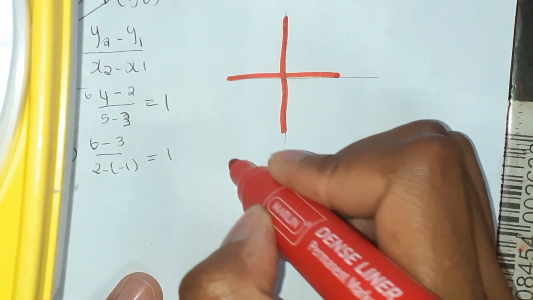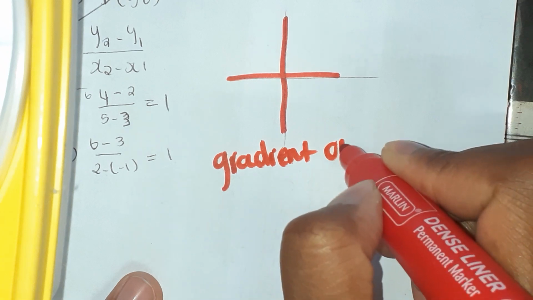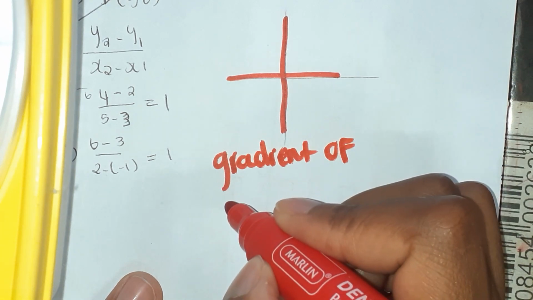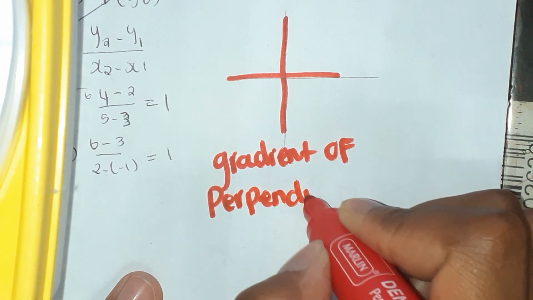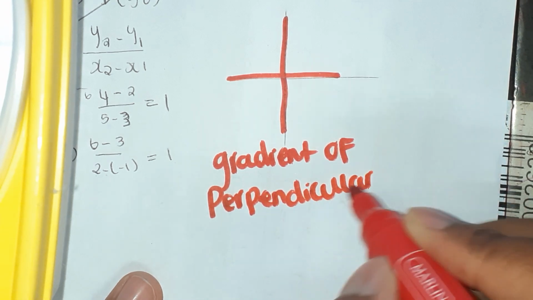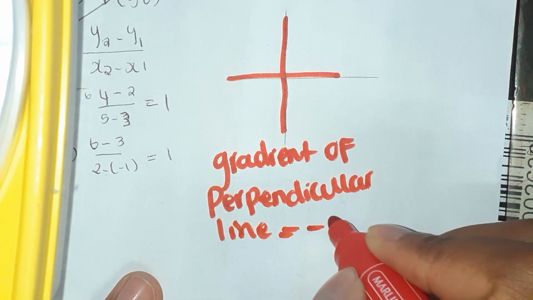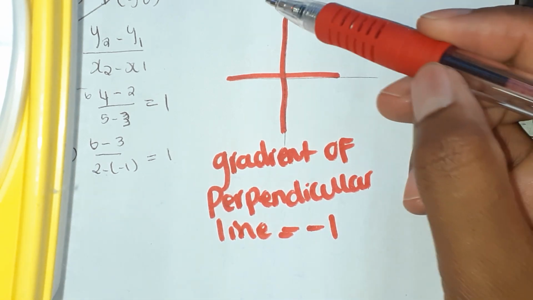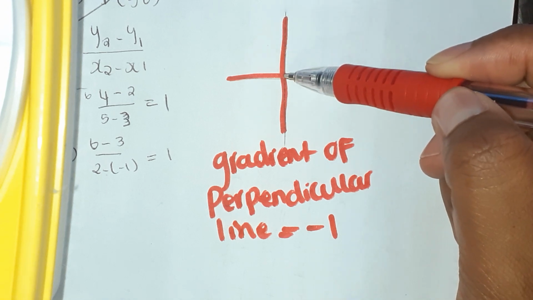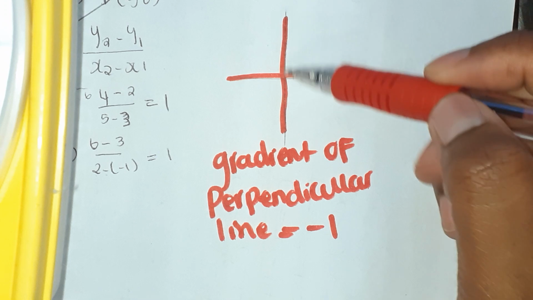So another thing is that the gradient of perpendicular lines is equal to -1. So the gradient of this line here and this line here, when you multiply them, they have to give you -1.